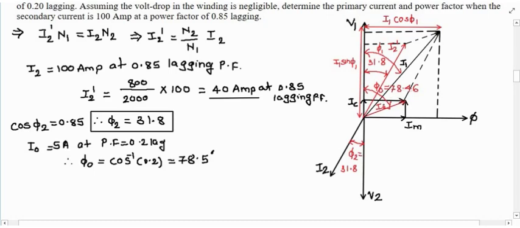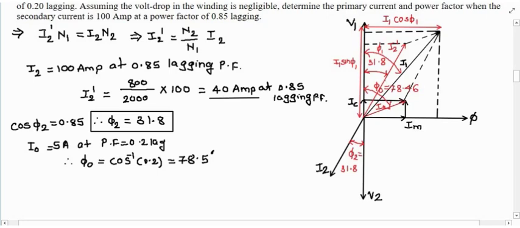But when my secondary is loaded, or the secondary circuit is connected across the load, current I2 circulates in the secondary circuit. That current produces its own MMF, which nullifies the MMF of the primary. So the load component of your primary current is nothing but I2 dash, which is in anti-phase with your I2.